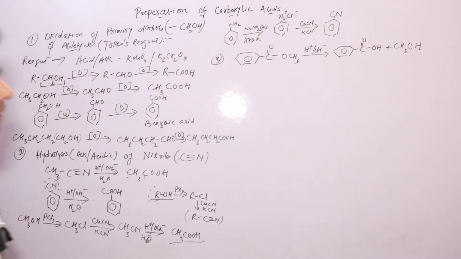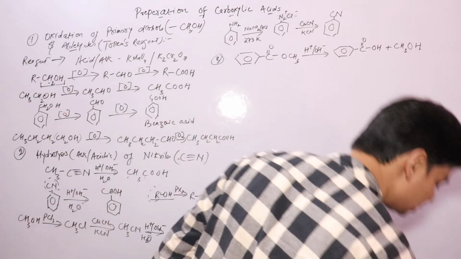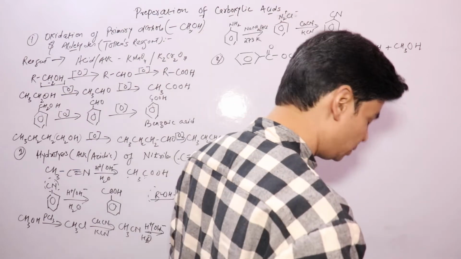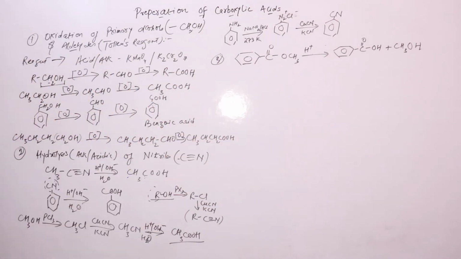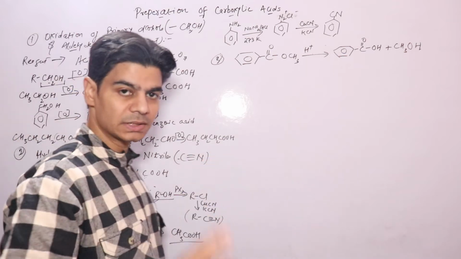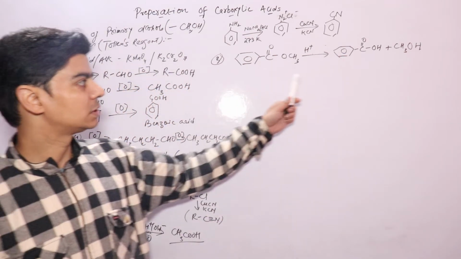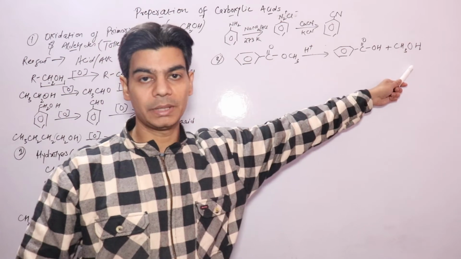This is your acid hydrolysis. I'm sorry, this is not base hydrolysis. There's a little difference in base hydrolysis. We'll just go through that. This is acid hydrolysis. In the presence of acid, your ester will undergo hydrolysis to give you benzoic acid and your methanol.